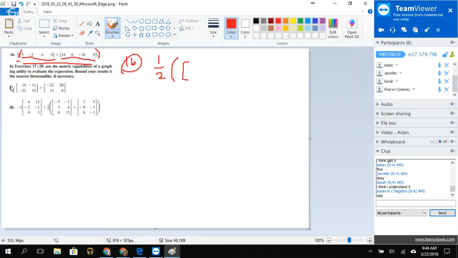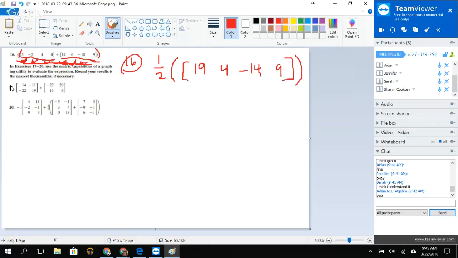My first row, first column is going to be 5 plus 14, so 19. Then I have -2 plus 6, which is 4. I have 4 plus -18, which is -14. And I have 0 plus 9, which is 9.